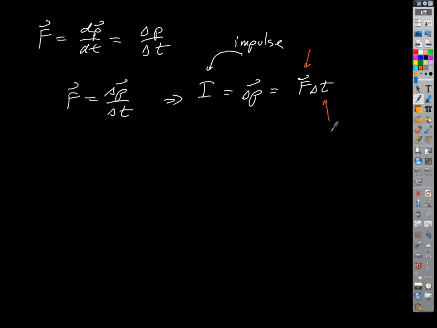And this is the force acting on the car, so whatever's causing the change in momentum. So this simple impulse-momentum equation is the impulse-force equation, where we define impulse in terms of force and time.